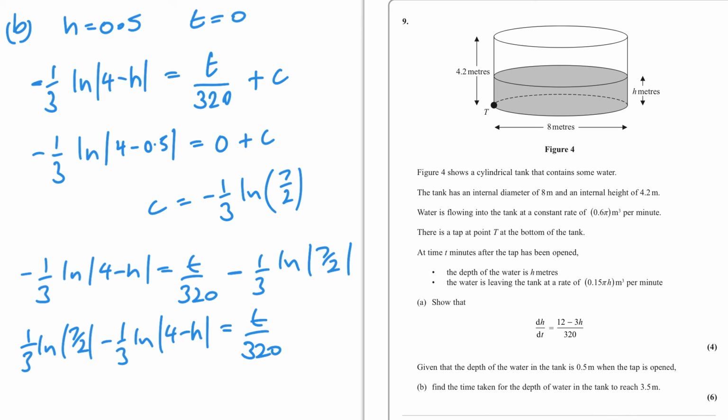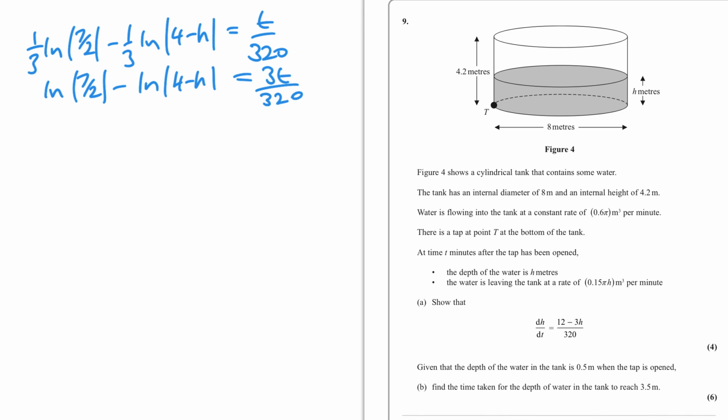And then let's multiply by 3, so we get ln 7 over 2 minus ln 4 minus h equals 3t over 320. Now, luckily I don't have to go much further than this. Actually, I could have used this first line with the thirds in it, but it makes no difference.